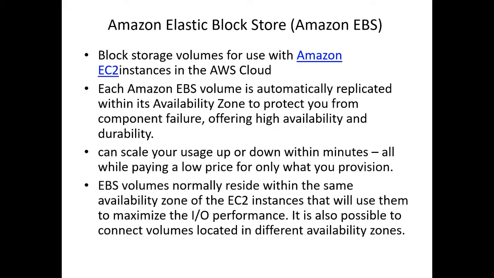So let's look into the next topic, that is Amazon Elastic Block Store, or we also call it EBS. EBS provides block level storage volumes for use with Amazon EC2 instances.